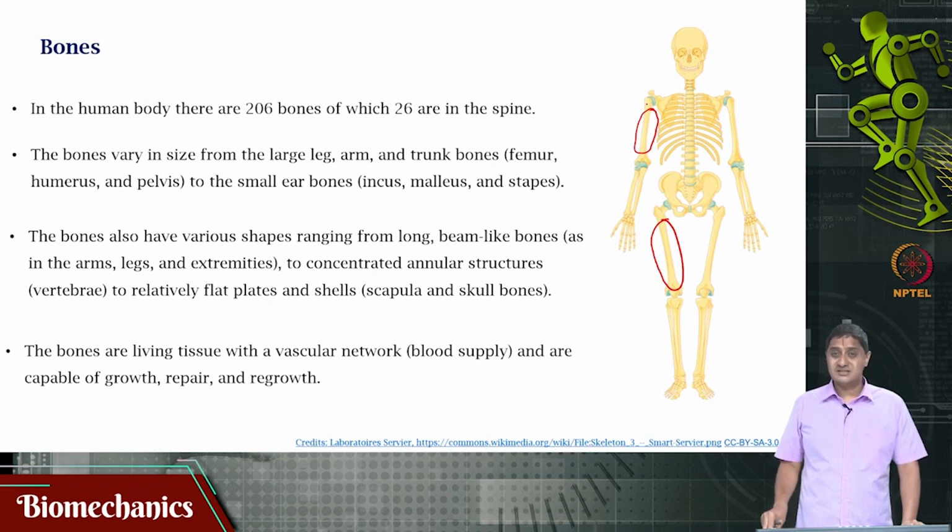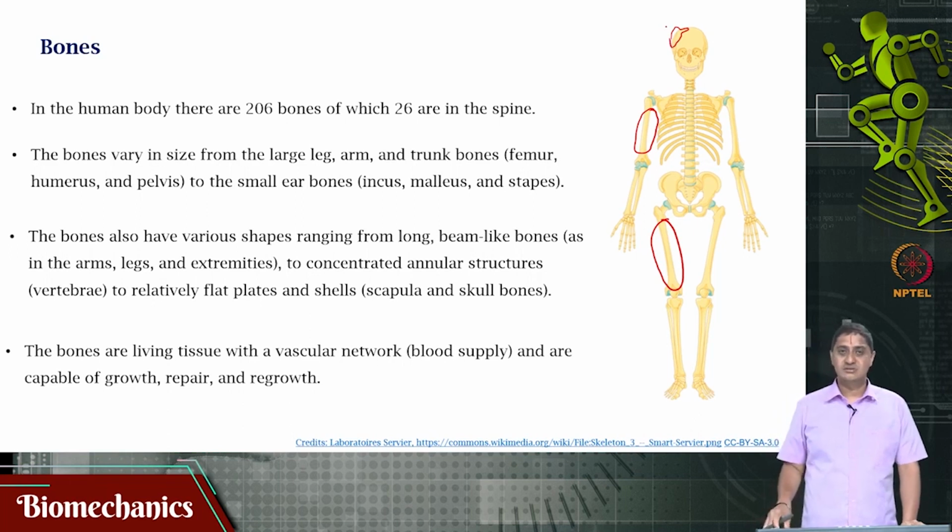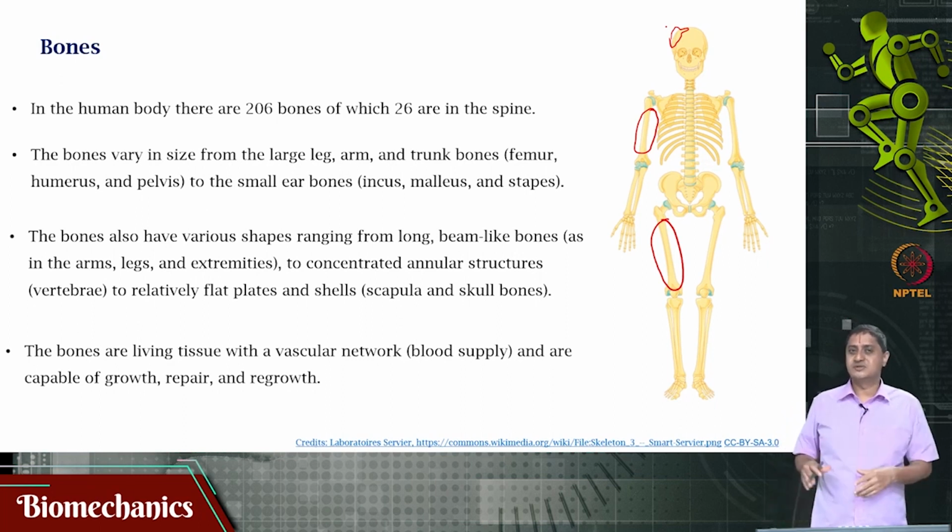and then relatively flat bones. For example, the scapula and bones in the skull are relatively flat and are sutured together. It's a miracle how this could even happen, but it happens. These bones are not actually fused when the human is born. So, when an infant is just born, these bones are not fused together.